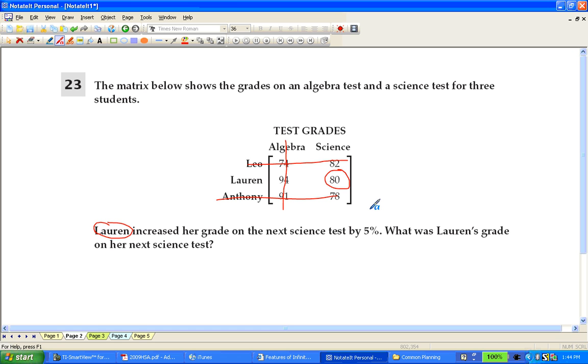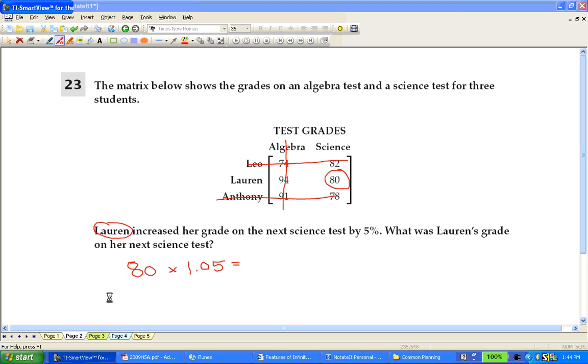Well, to increase anything by 5% means that you have to either A, multiply that by 0.05 and then add that amount back onto the original test score, or just multiply that test score by 1.05. And we use the calculator.